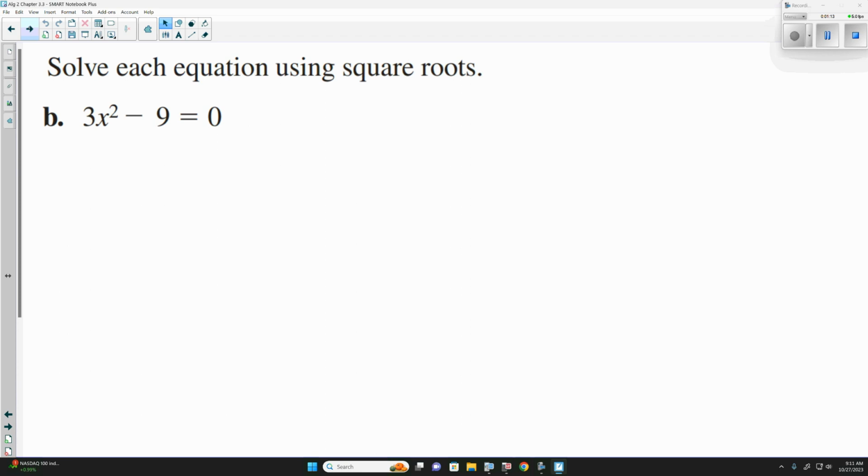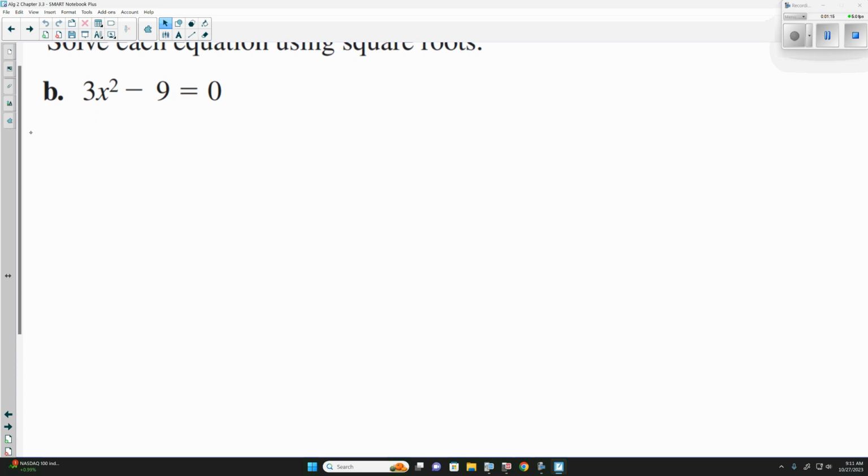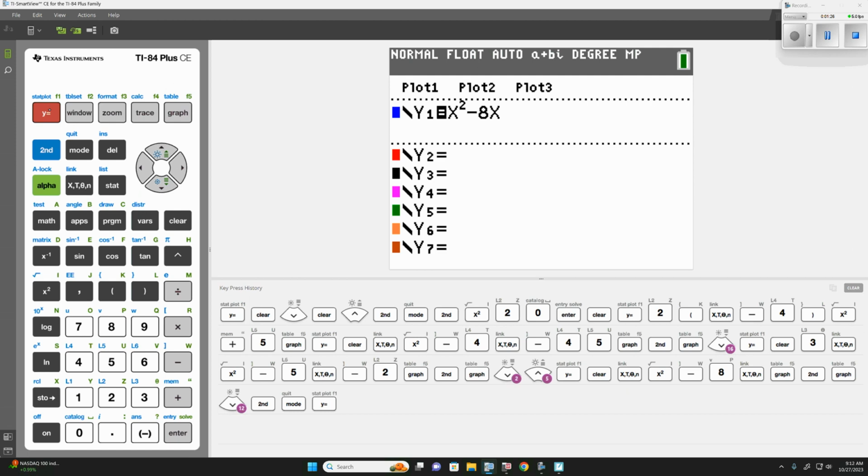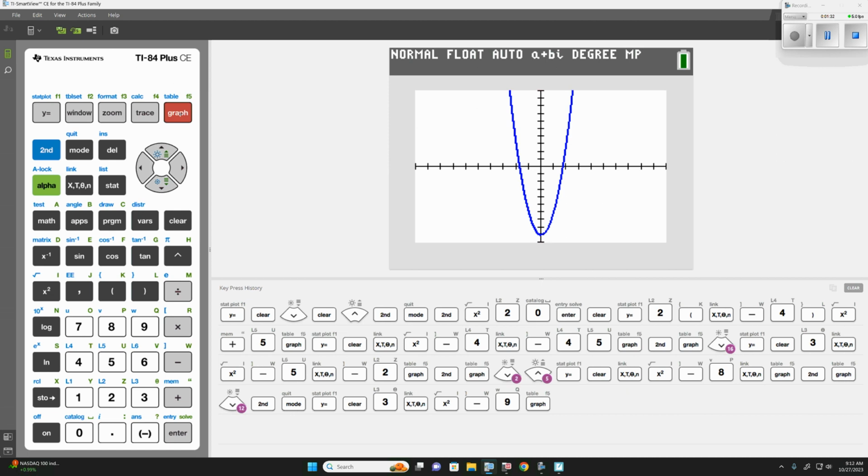And as we look at this next one here, 3x squared minus 9 equals 0. Now there's a possibility we can solve it by graphing. I can grab the graphing calculator. The first thing we do is hit y equals, and we can say 3x squared minus 9 and hit graph. And we can see that it does not cross at a nice point.